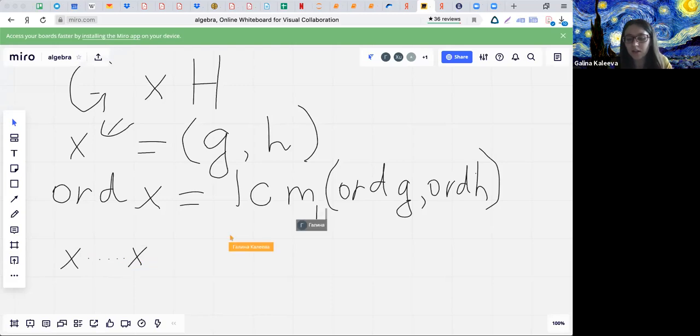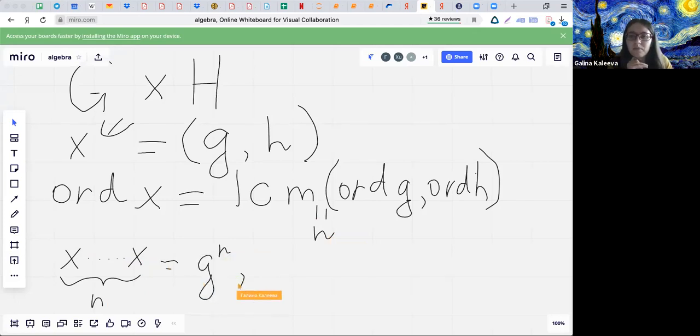Let it be n; I denoted the least common multiple as n. So I have G to the nth power, say the operation is multiplication, and H to the nth power.